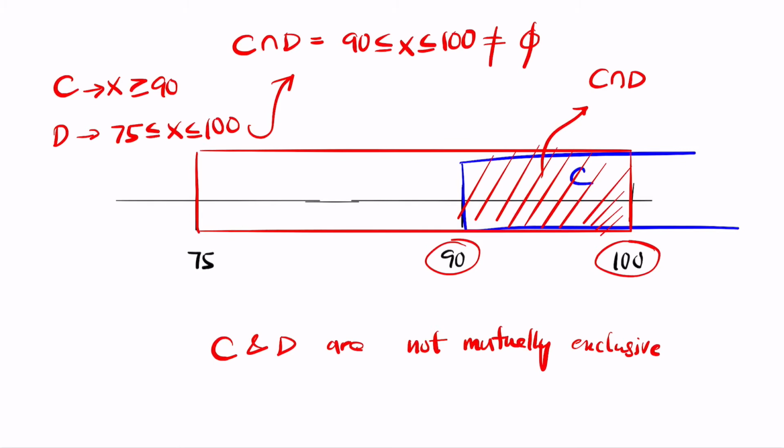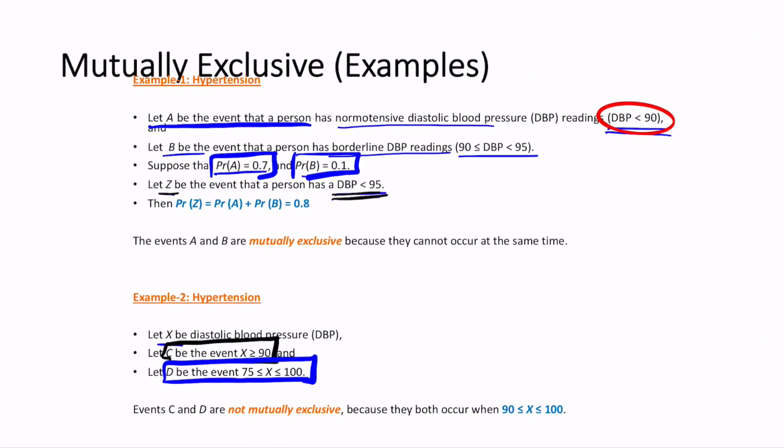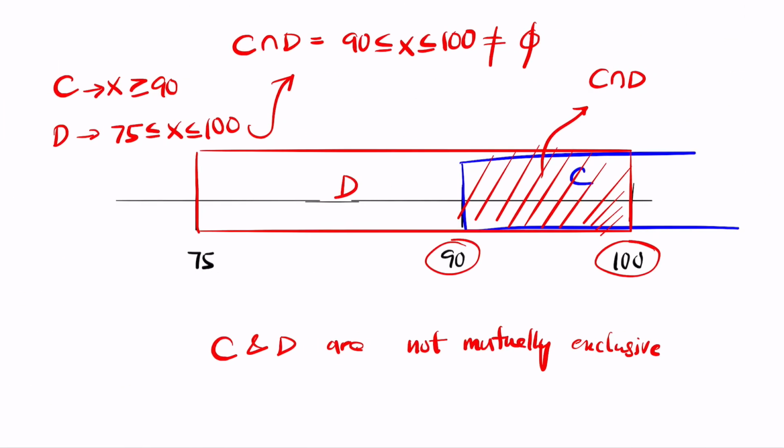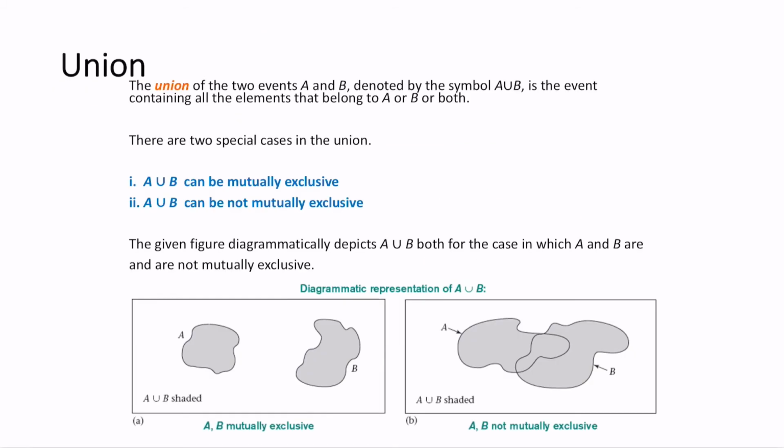If they were mutually exclusive, then we could have written the C union D value, but C and D are not mutually exclusive, so therefore you have an intersection. That intersection here represents the value between 90 and 100. So this is how you know the difference here.